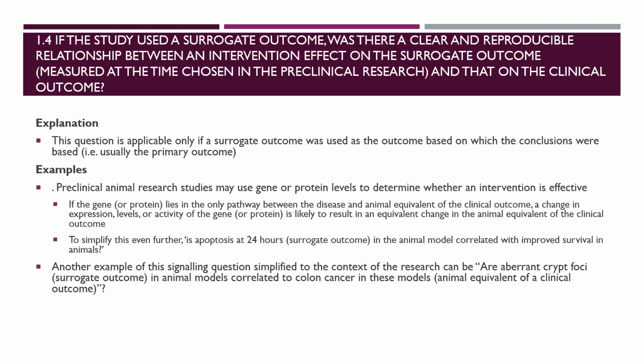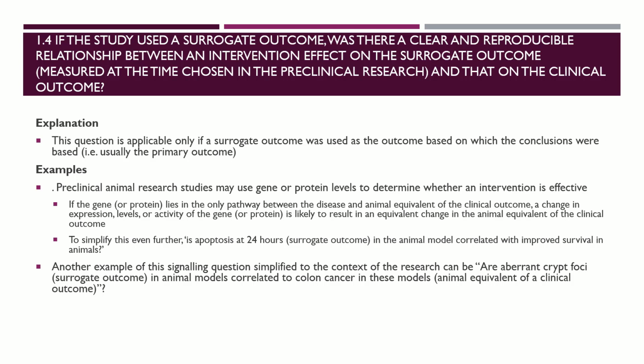And the surrogate outcome could have been measured at the time chosen in the preclinical research. So it has to be the surrogate outcome which is measured at the time chosen in the preclinical research. And is there a relationship between the intervention effect on the surrogate outcome and that on the clinical outcome?